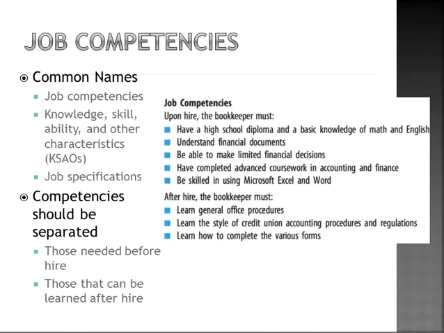The next area is job competencies. Common names: we have knowledge, skill, ability, and other characteristics, the KSAOs, and job specifications, as I mentioned earlier. Competencies should be separated: those needed before hire and those that can be learned after hire. Now, note the following.